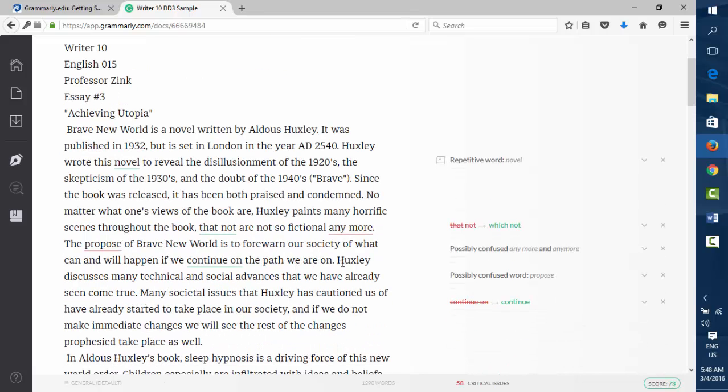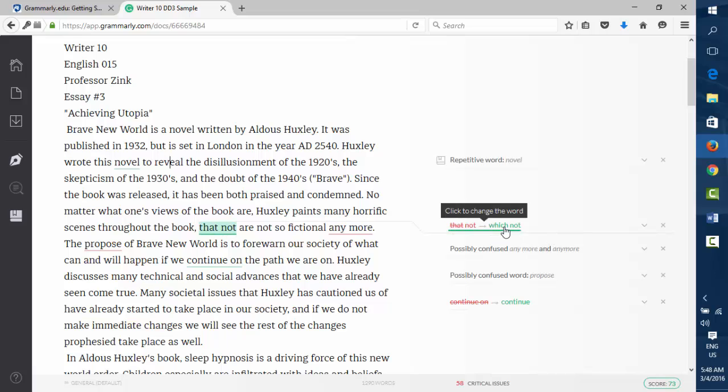Okay. Huxley paints many horrific scenes throughout the book that are not so fictional anymore. So you can see it's giving you some examples where it picks up something, but it's not really quite what it's picking up here.